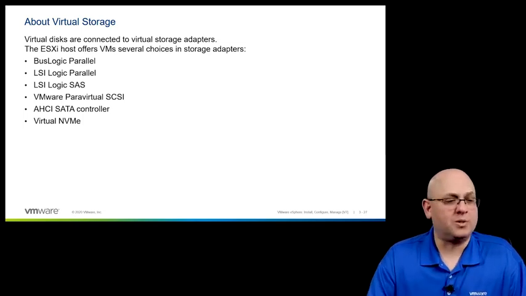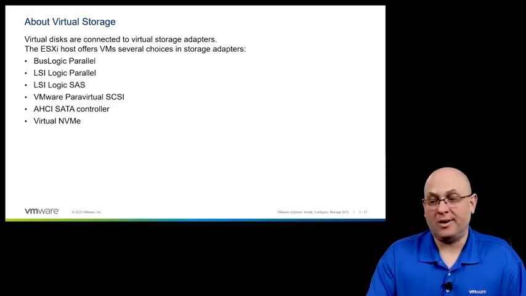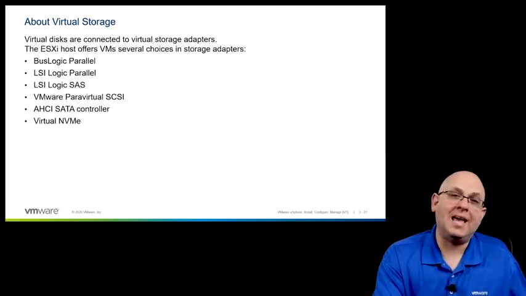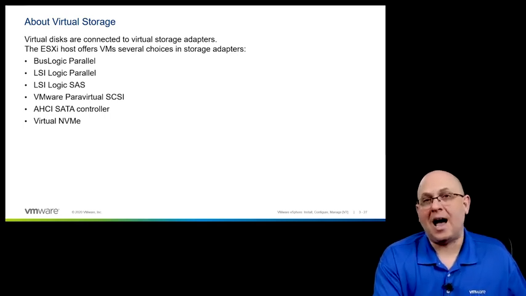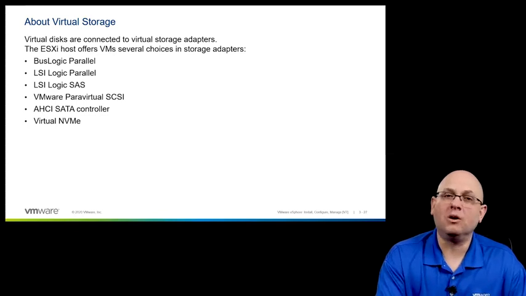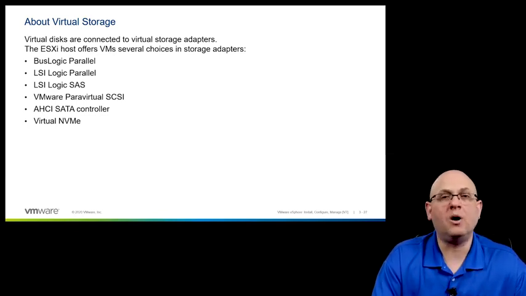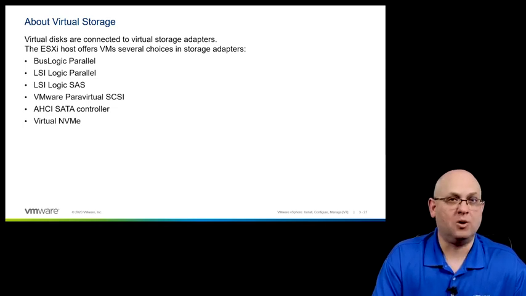Now, when it comes to virtual storage, each of your virtual machines has to have a storage controller. We've already mentioned serial ATA, for AHCI. We also have an IDE controller, but by default, each of your virtual machines will also get a SCSI controller.